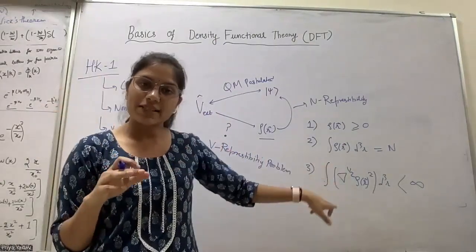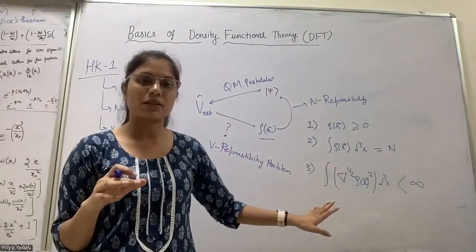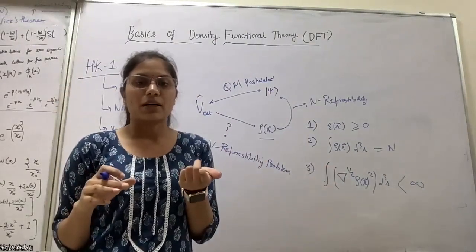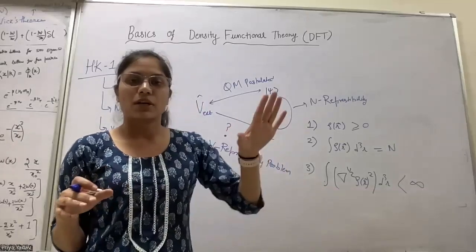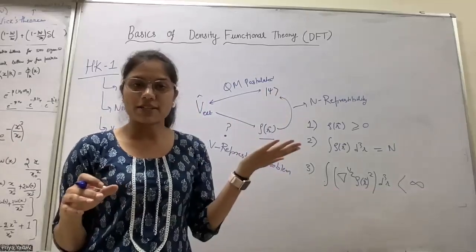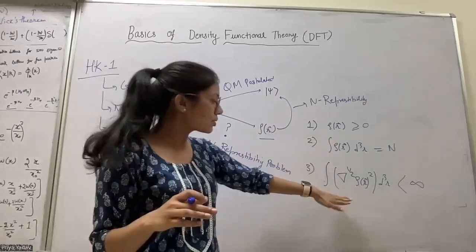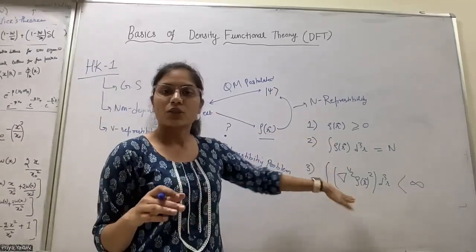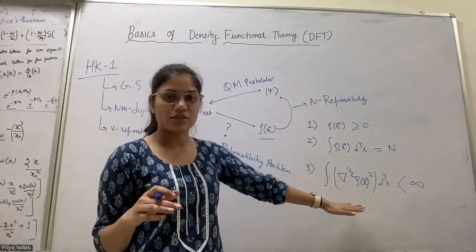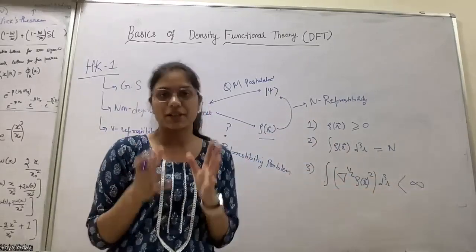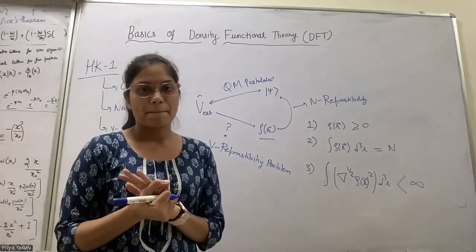So this is not exactly the kinetic energy, but as I told you, it was proved by mathematicians earlier in some other context, that if this is less than infinity, then the kinetic energy is finite.